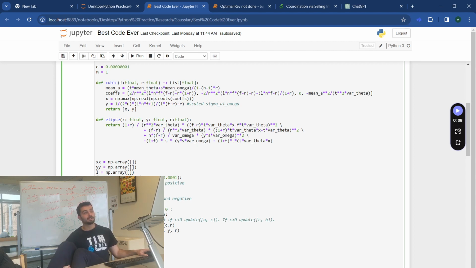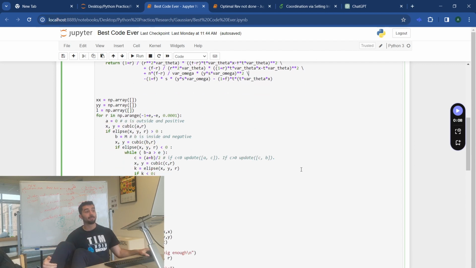So upper bound m is 1, and then we see if the length of the interval is less than epsilon, and we check if a is outside the ellipse, b is inside the ellipse, and we choose an interval.